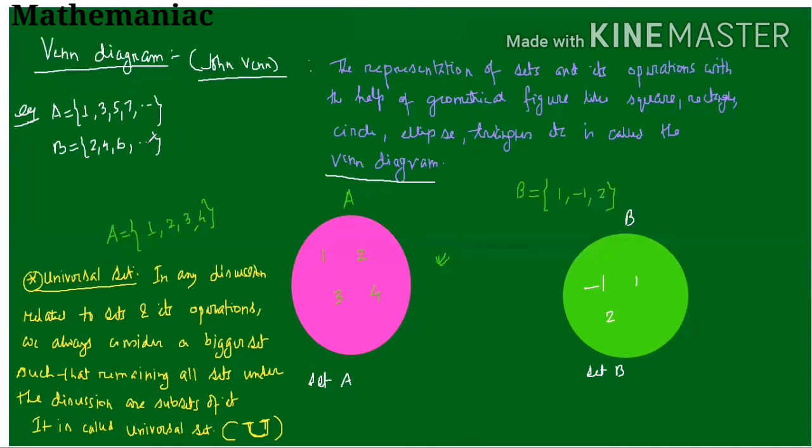So here, if somebody tells you that your discussion is on these two sets, you now tell me one set which can be acting as universal set for them. So that set I need, which will include both of them. So very clearly you can say that natural number can be considered as universal set for this discussion.